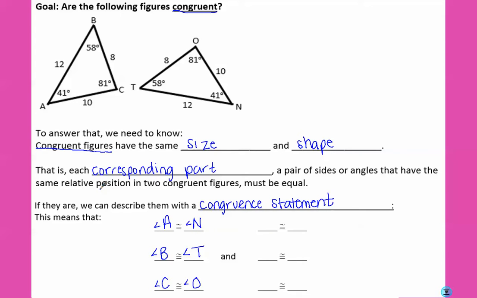What about the sides? Well, if I look at side AC, that is congruent to side NO. Side OT is the same as CB.